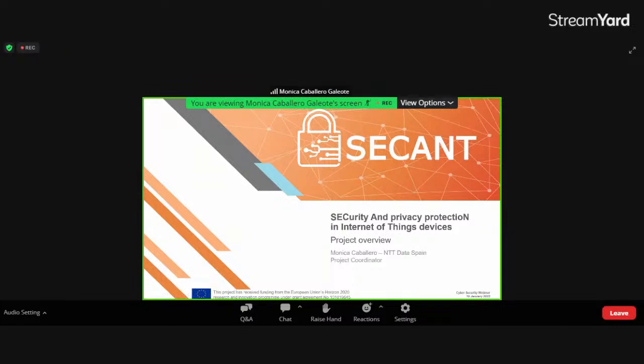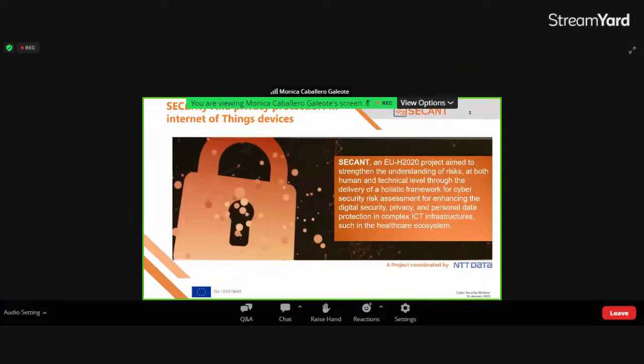I'm Monica Caballero. I'm from Entity Data Spain, and I'm the project coordinator of the Secant project. Secant is a project that aims to strengthen the understanding of risk, both at the human and the technical level, and to deliver a holistic framework for cybersecurity risk assessment in order to enhance digital security, privacy, and personal data protection in complex ICT infrastructure, with a focus on the healthcare system.